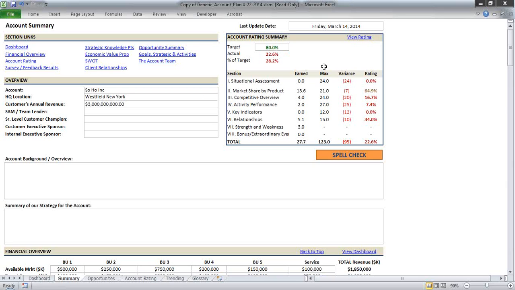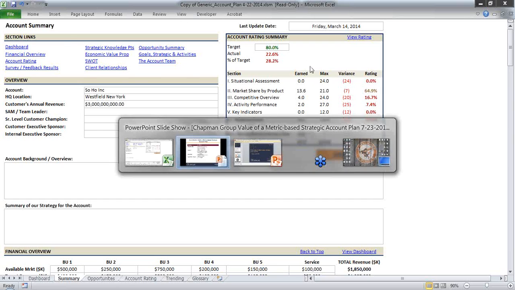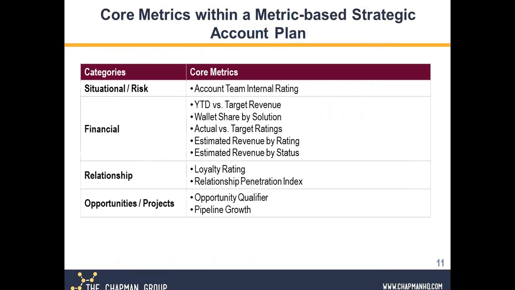You could also think of this as a risk factor. In this particular scenario, our target is to have accounts internally be perceived by us as 80%. Here it's actually 22. I'd say in this particular case, we're at high risk that something not so positive could happen in that account. So that's the account team internal rating.